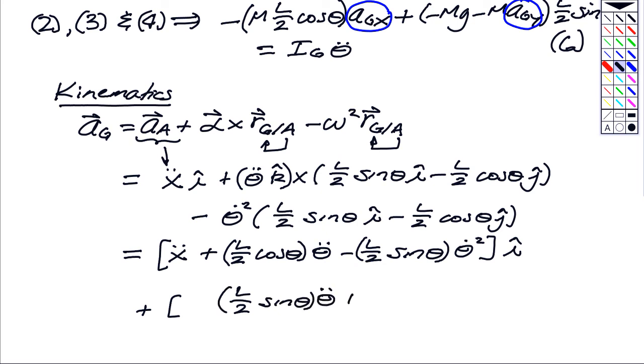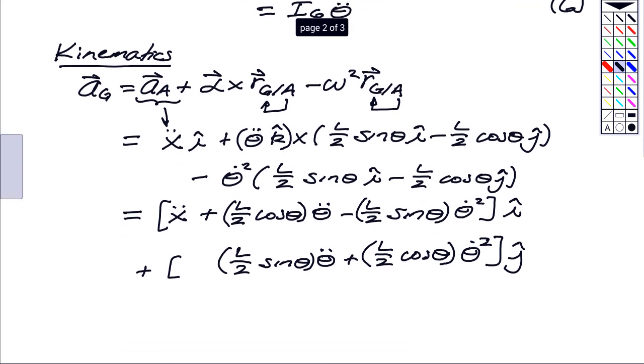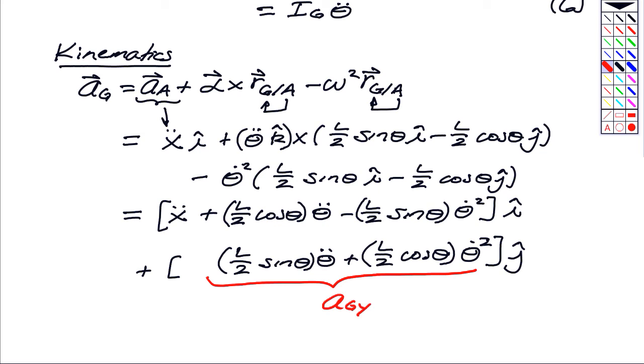I have a plus L over 2 cosine theta, theta dot squared, in front of j. This may look like not much progress, but it's quite good. This is the expression that we need for the acceleration of G y component. And this is the expression that we need above for the acceleration of G in the x direction.